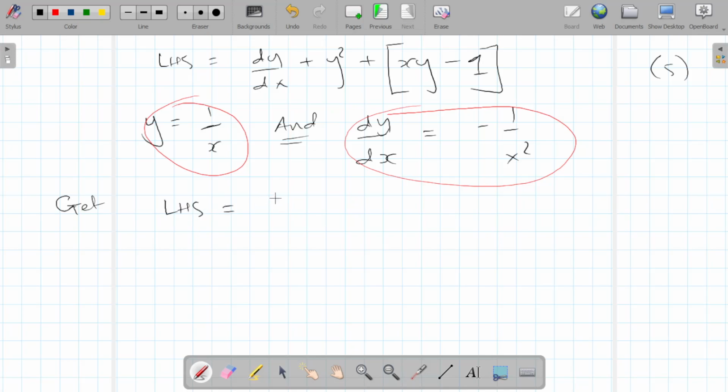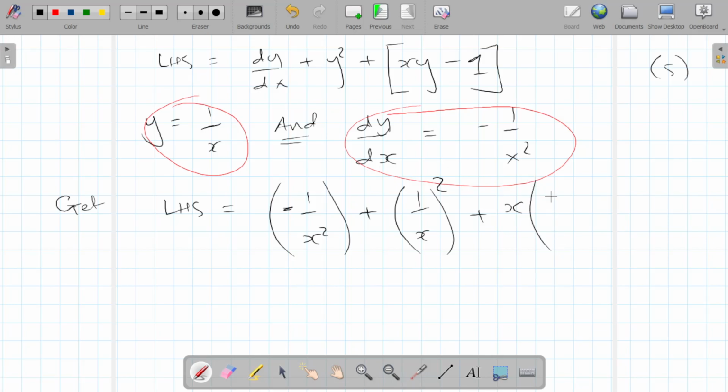The left-hand side is equal to minus 1 over x squared. That's the dy by dx term here, plus y squared. Well, y is 1 over x, so it's just plus 1 over x all squared, plus, we can take the brackets away because we've got plus signs here anyway, so it doesn't matter, plus x times y.